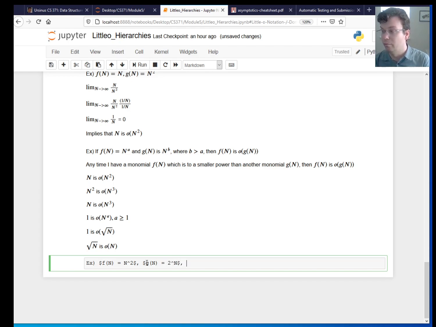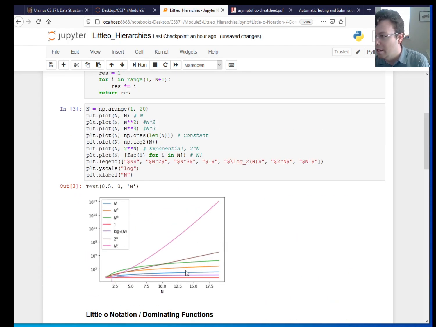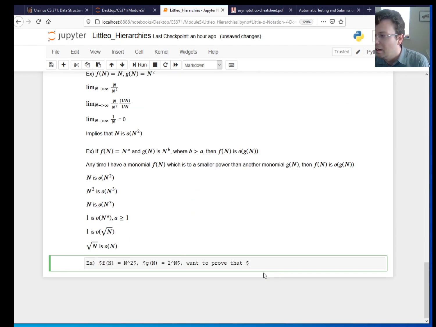Somehow we want to prove that, when I looked at this plot, I saw that the 2 to the n crushed n squared eventually. So this brown curve is going to be above the orange curve. But how do I prove that? I'm going to prove that f(n) is little o of g(n).